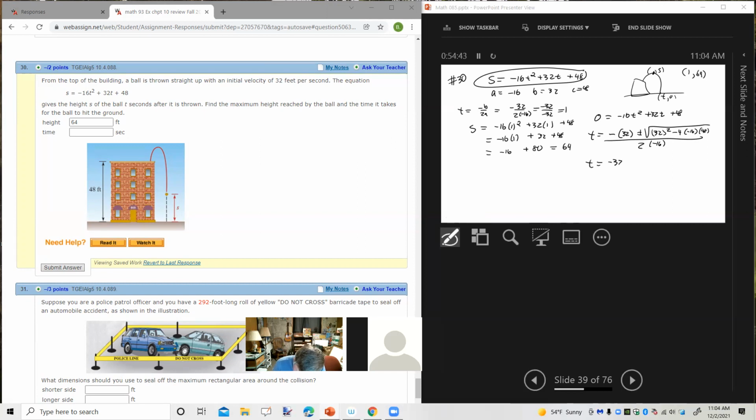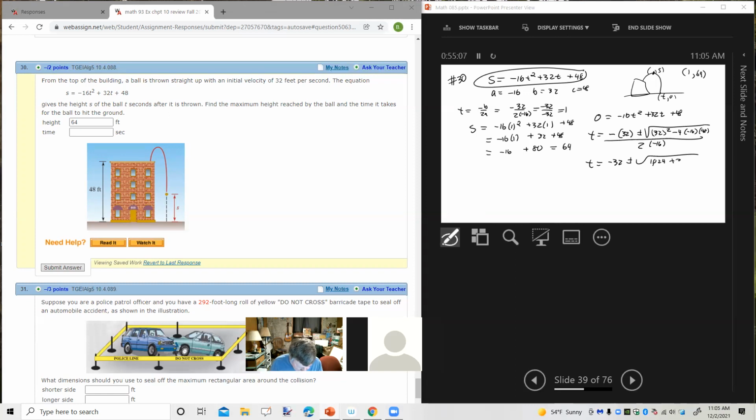T equals negative 32 plus or minus the square root of, let's see here, 32 squared is 1024. Then we've got negative 4 times negative 16 times 48.